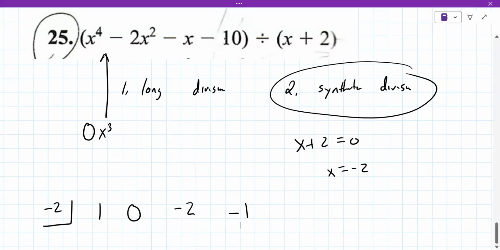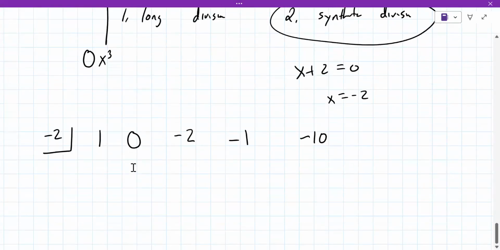And then -10. So just look this over: 1 for the x to the 4th, 0 for the x cubed, -2 for the x squared, -1 for the x, -10 for the 10. And the -2 in the box came from this right here. Any questions on that?